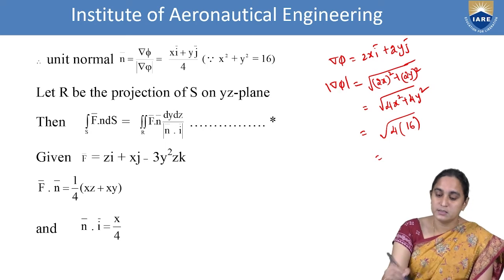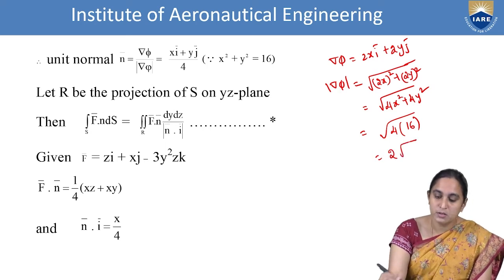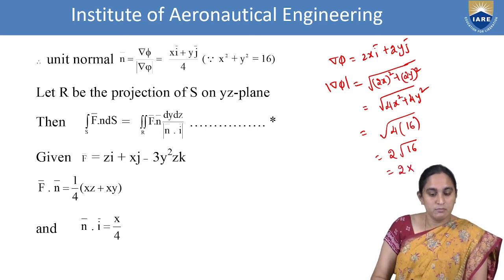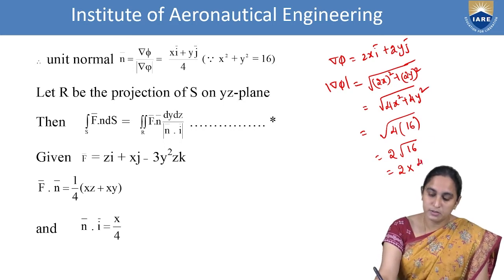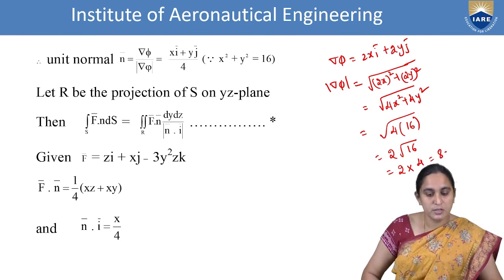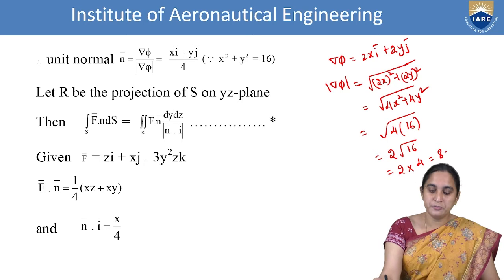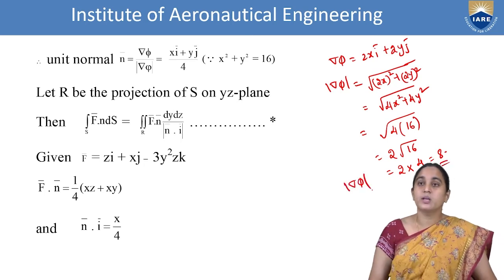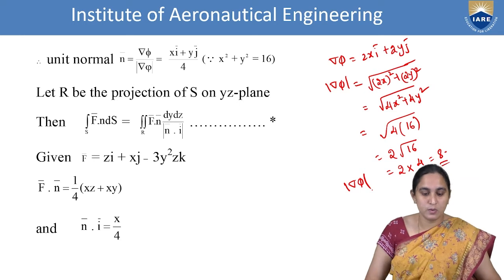That is 2 into 4, that is 8. Modulus of del pi is equal to 8.